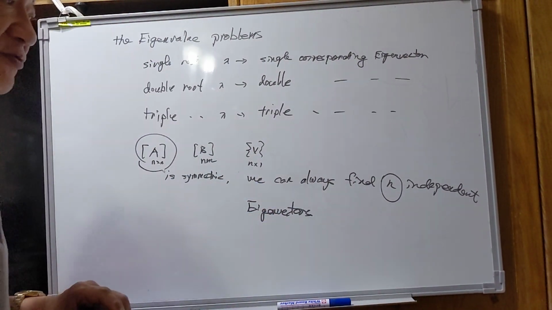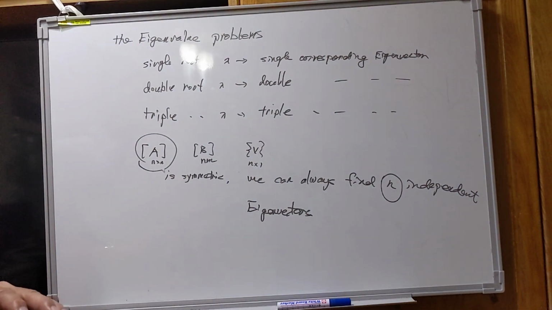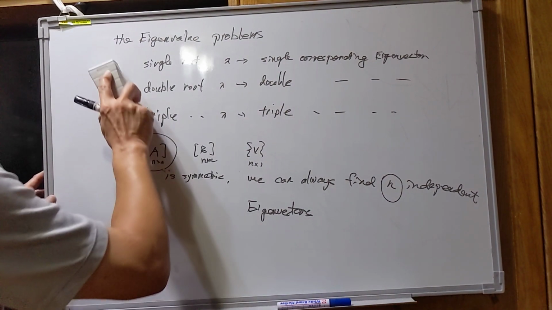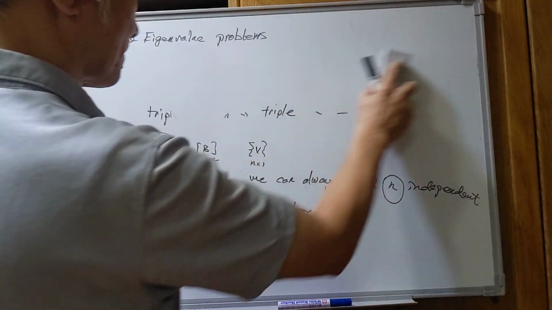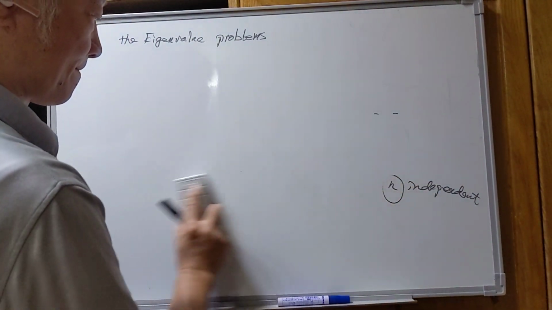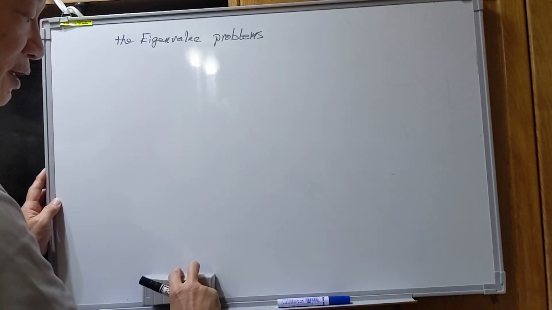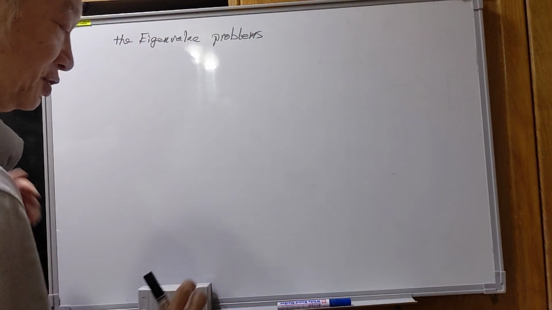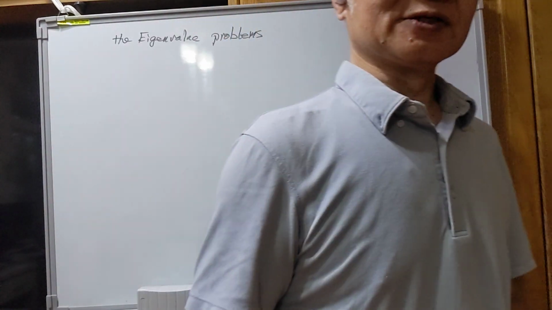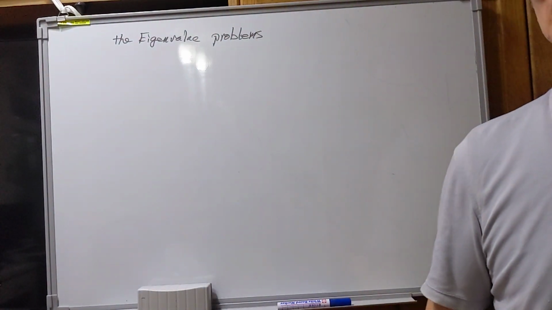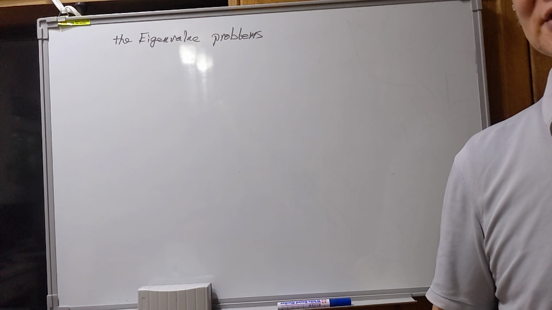Since we can always find n independent eigenvectors, it means that if the A matrix is a symmetric matrix, then we can always find n independent eigenvectors.